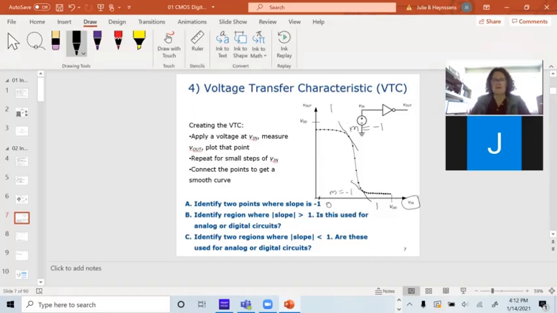At this point, before this point, right here, this is digital, and it's digital with the output low. This is the other digital state. It's also digital up here, and the output is high.